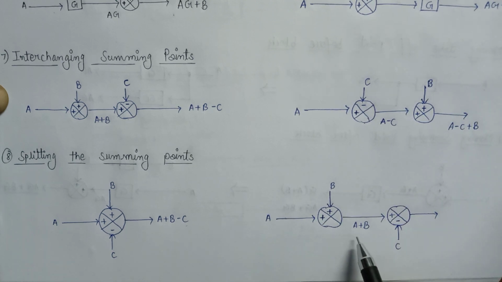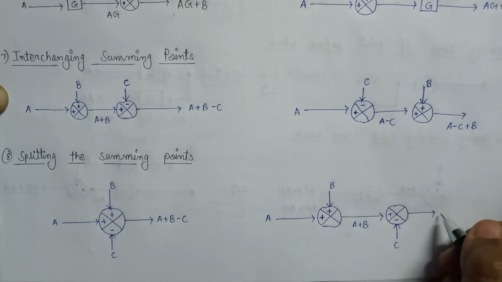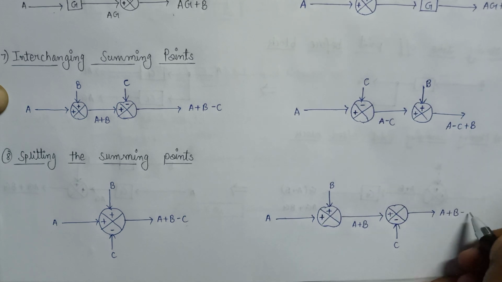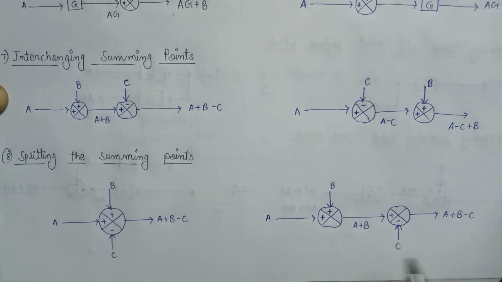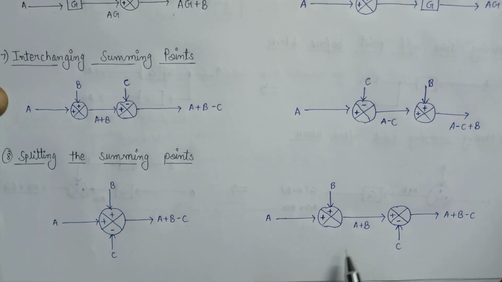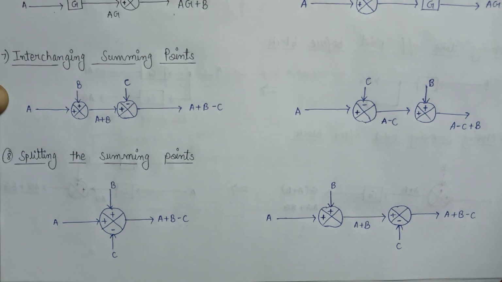The overall output will become A plus B minus C. So this is the output that we got in both figures. This is all about the concept by which we can easily split a summing point into two or more summing points. Thank you.